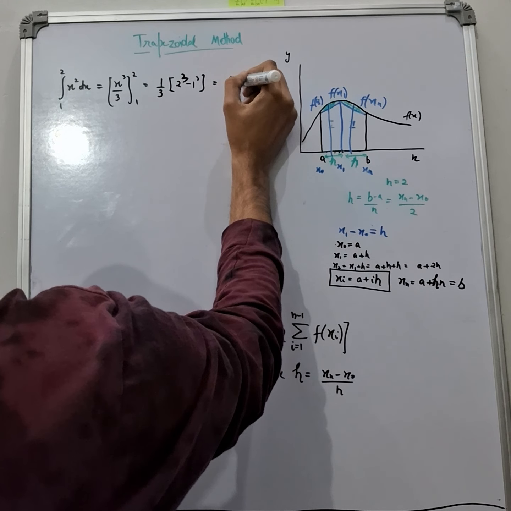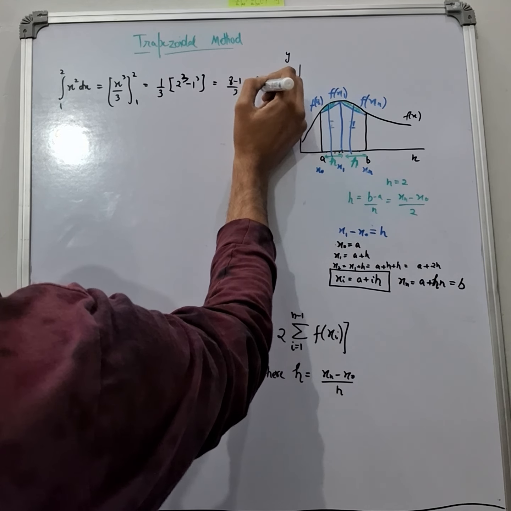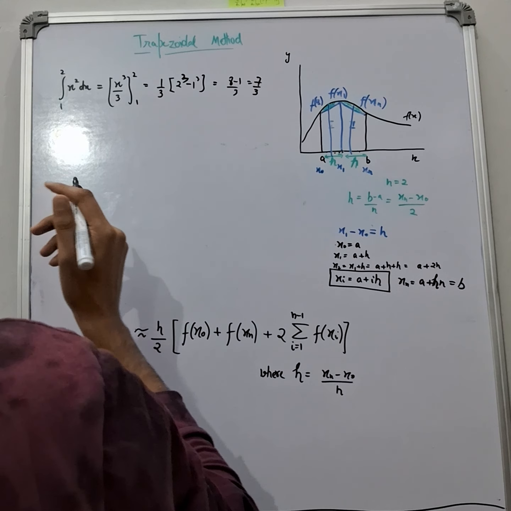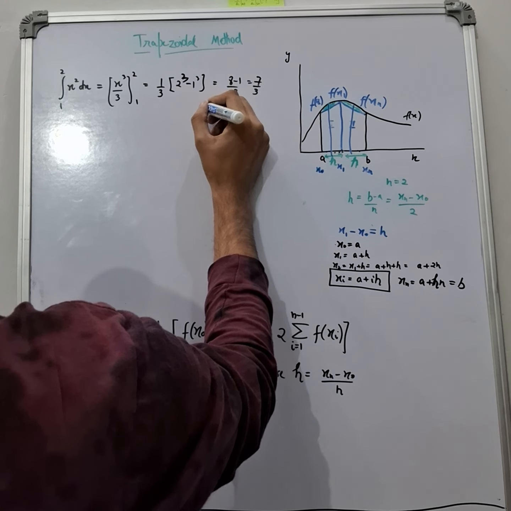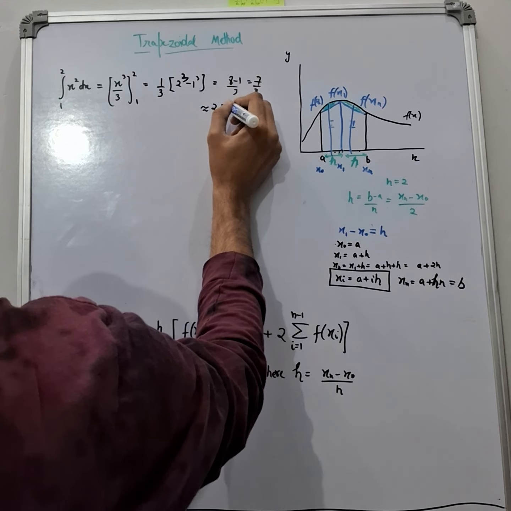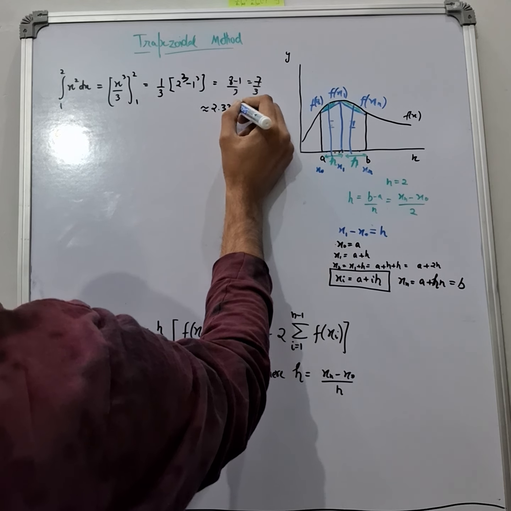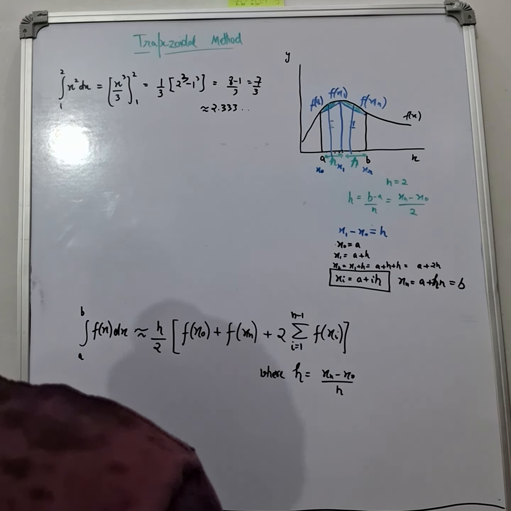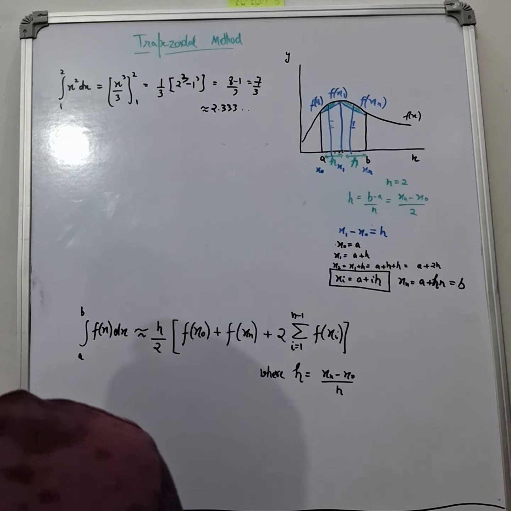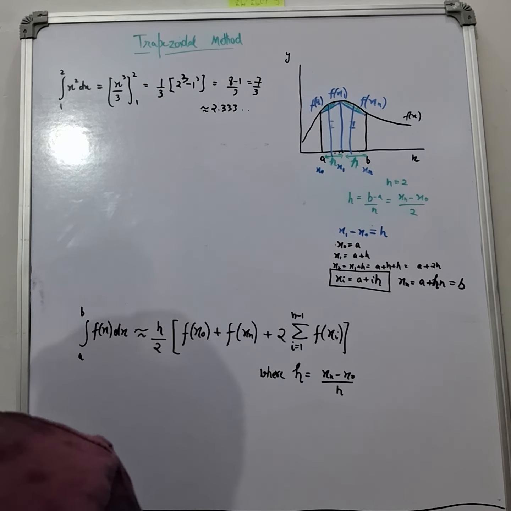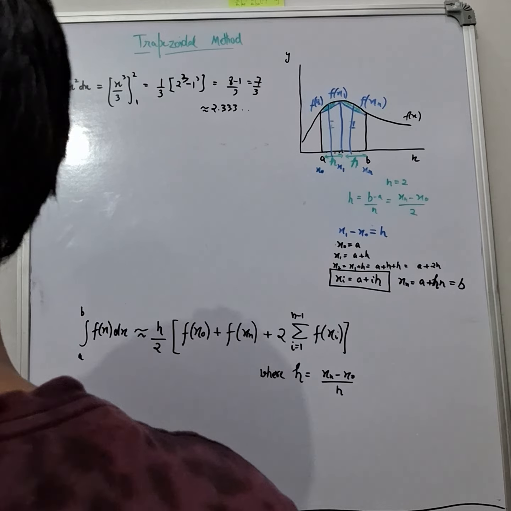So 8 minus 1 by 3, 7 by 3. 7 by 3 is approximately 2.33 and 3, something like that. It keeps on going. Let me just verify with the calculator. 7 by 3, yes, 2.33.